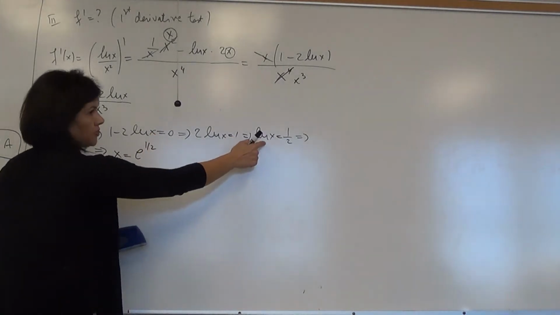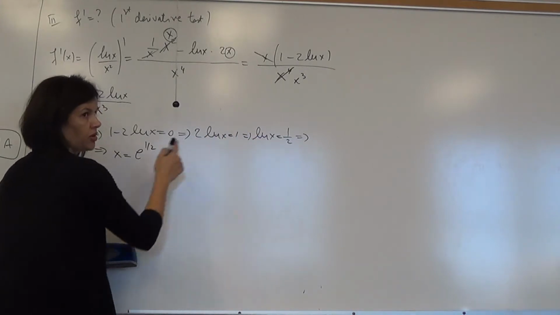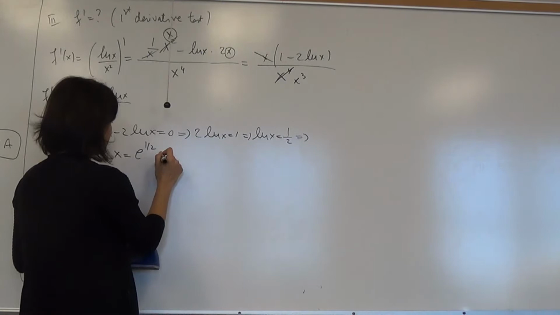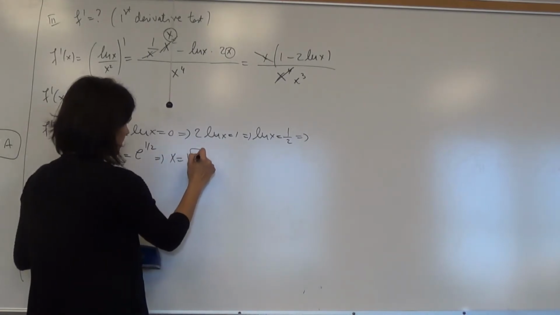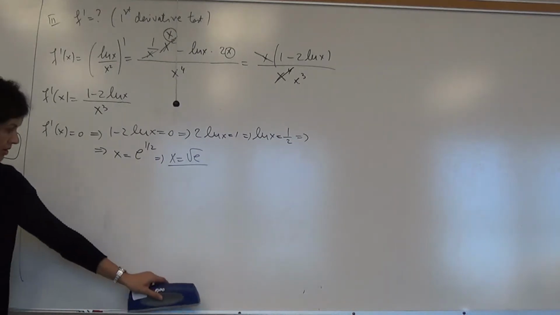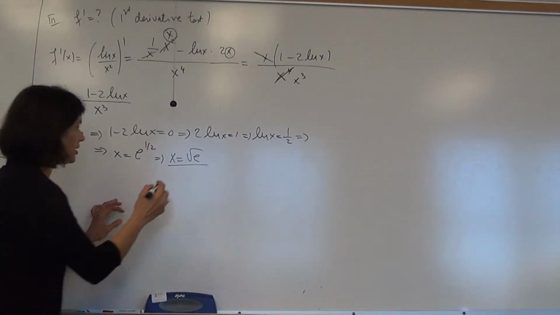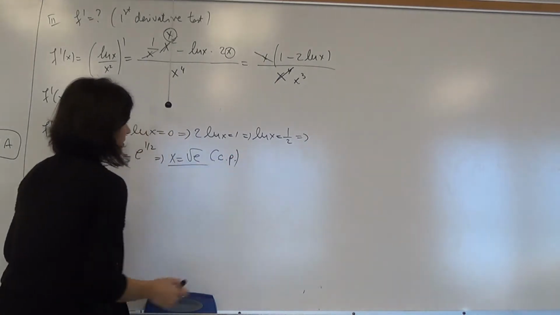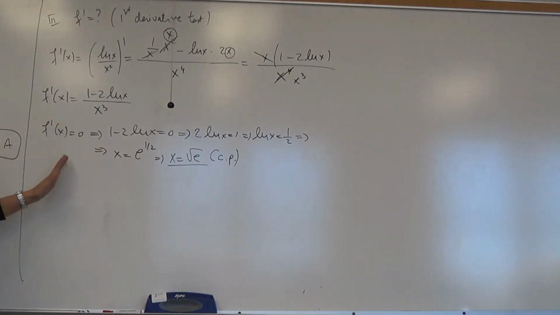Go back and review how to change a logarithmic form to exponential form: it is e to the power, which is the square root of e. So this may be an extreme value. So far it is only a critical point, CP. It may be an extreme value if the sign changes from the left to the right.